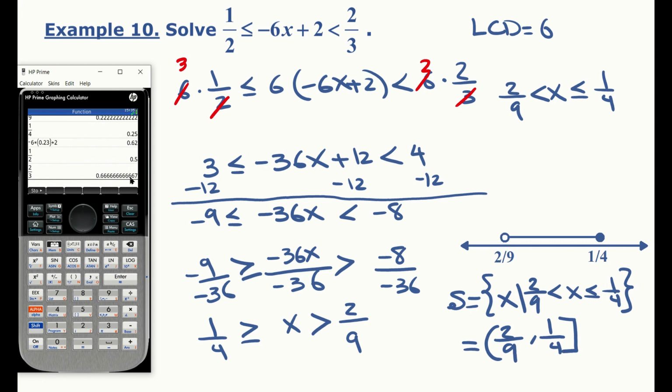Notice it definitely is. So it looks like our solution set should be the correct one. All right, so that's a quick check. You can pick a sample point from the solution region, plug it in, and make sure it satisfies the original inequality, or in this case, compound inequality, which is also known as a three-part inequality.